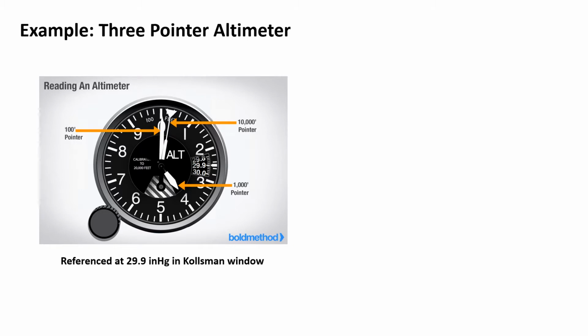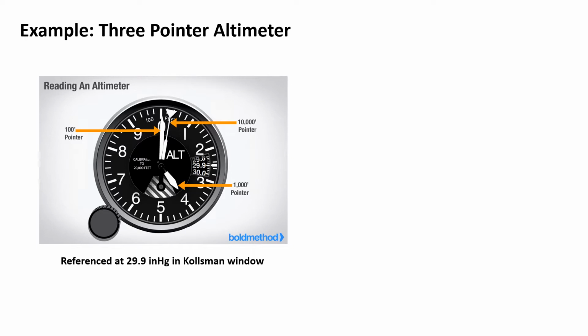Shown here is a three-pointer altimeter, and we can see the panel of this altimeter. First of all, there's a small window called the Kollsman window, and it indicates 29.9.